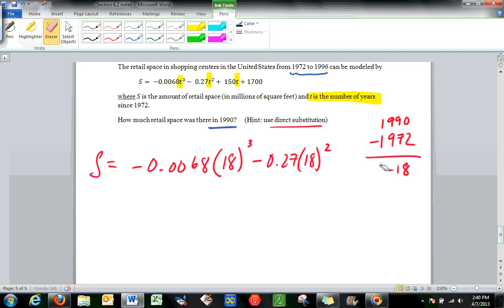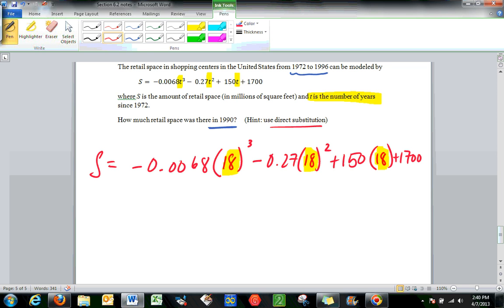Run out a little space here. Plus 150t, which is also 18, plus 1700, and you can see we've directly substituted 18 years in for all of the t values.